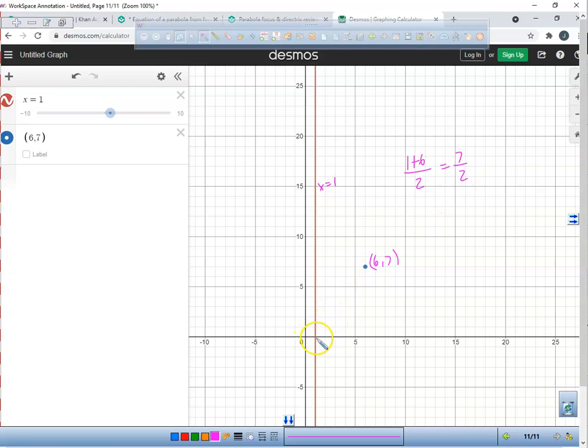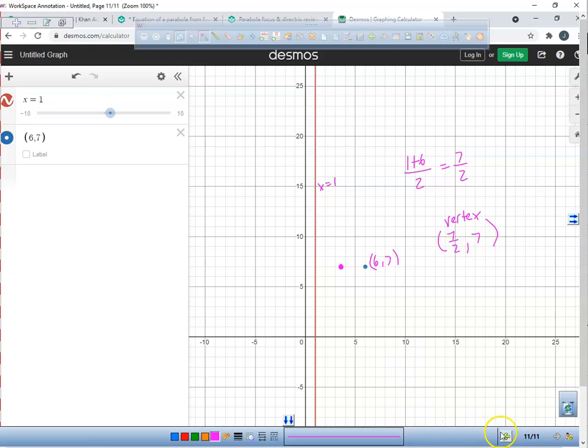So if this is 1, this is 2, this is 3.5, it'll be right about there. So my vertex is going to be at 7 over 2, comma 7. That's where my vertex will have to be.